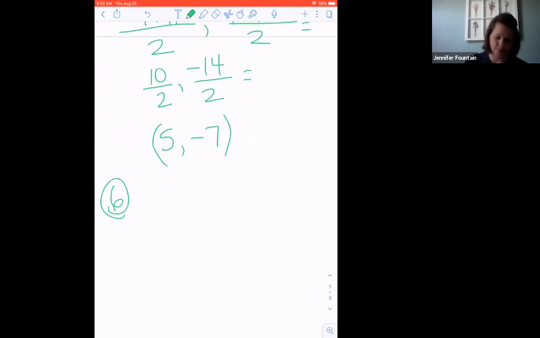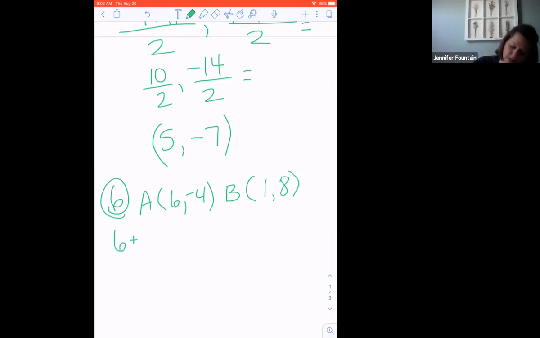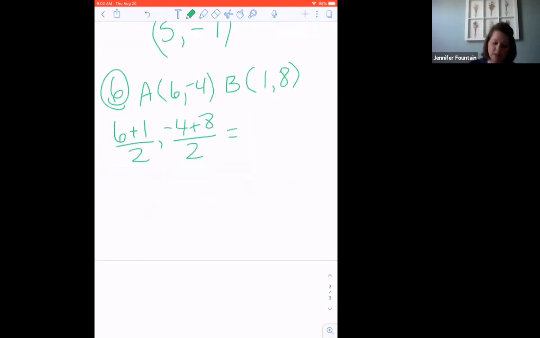Number 6, A is (6, -4) and B is (1, 8). I'm going to have 6 plus 1 divided by 2, -4 plus 8 divided by 2. 6 plus 1 is 7 divided by 2. -4 plus 8 is going to be 4 over 2.